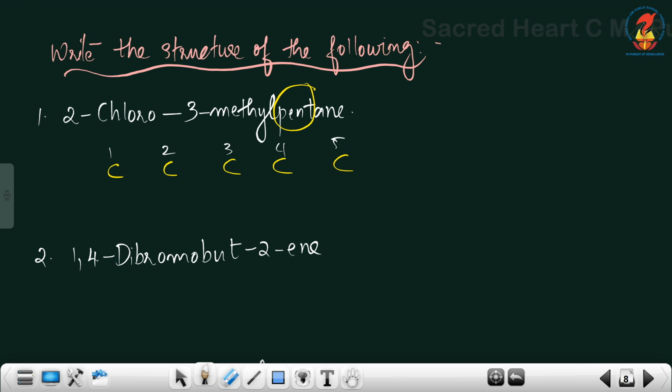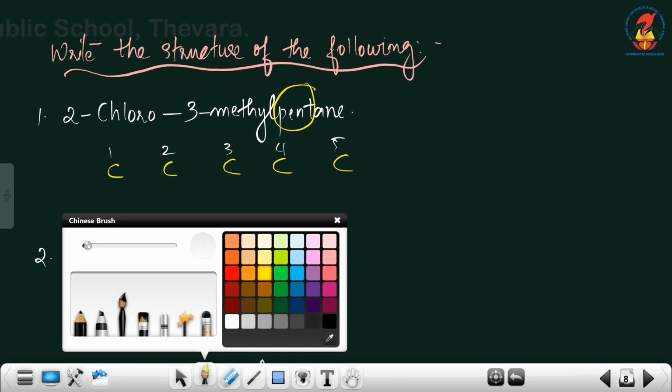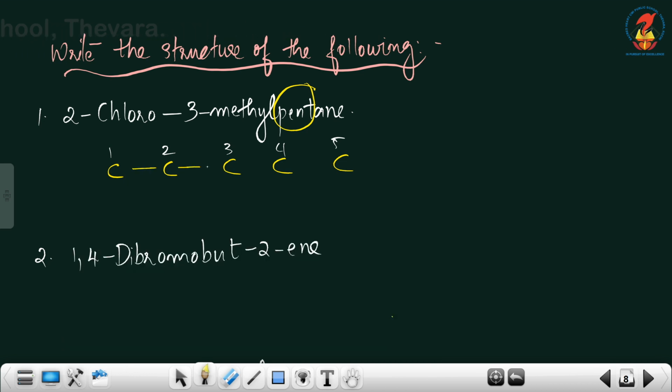Then after drawing carbon and giving numbers, write the suffixes first. What is the suffix given? ANE, only one primary suffix is given. ANE means all these 5 carbon atoms are singly bonded. No more suffixes to write.